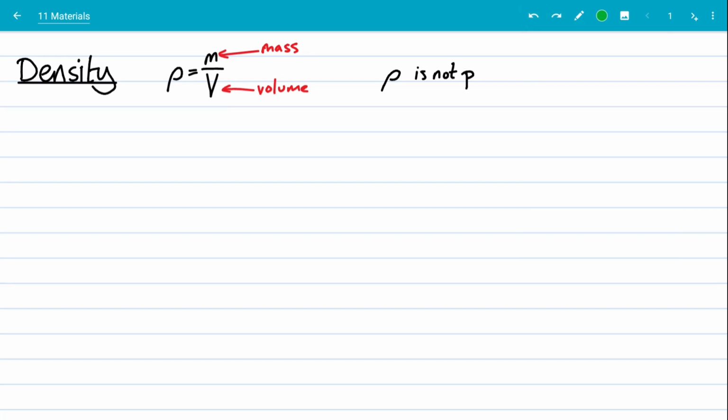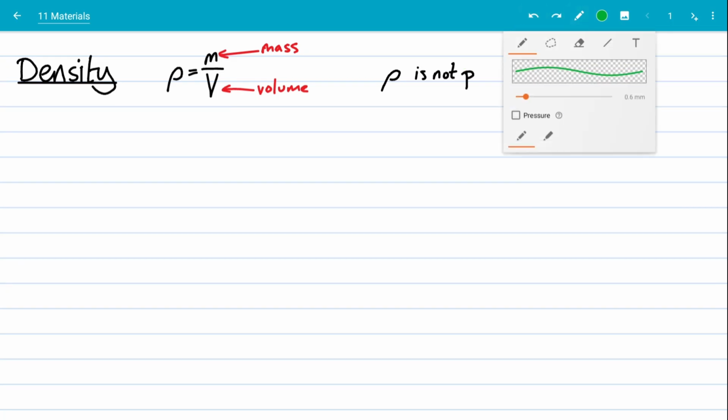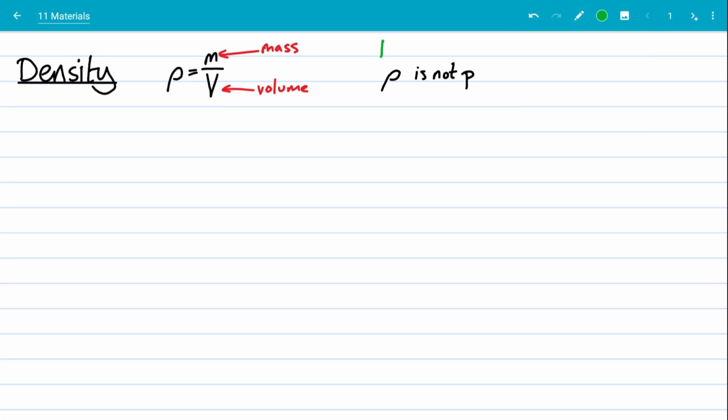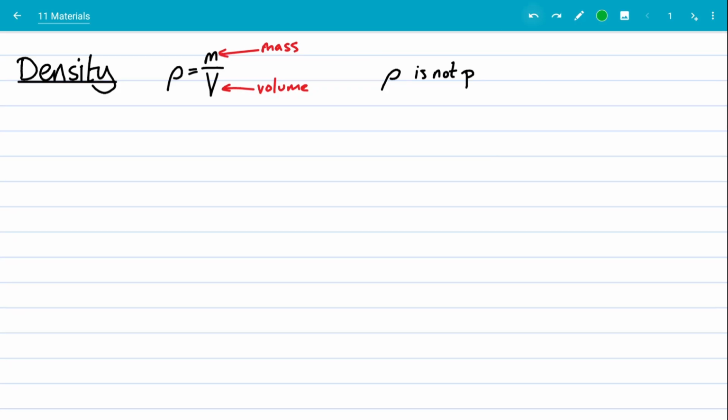That's the clue. This is the lowercase rho, which I suppose evolved into the Roman letter R, and this is a P, an entirely different letter. Okay, so that's what density is.